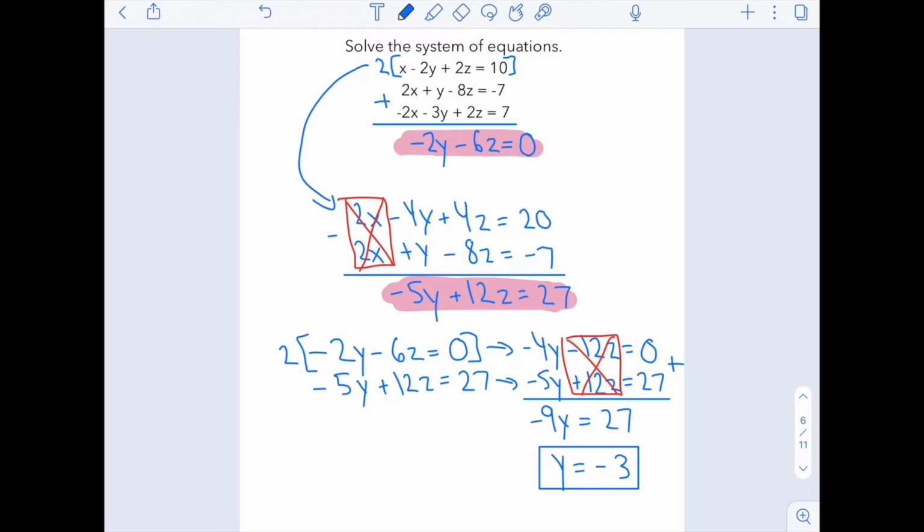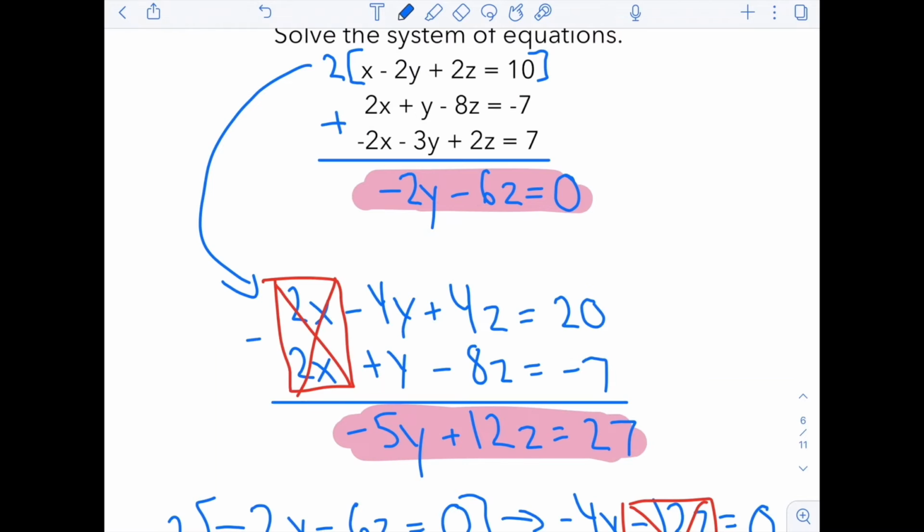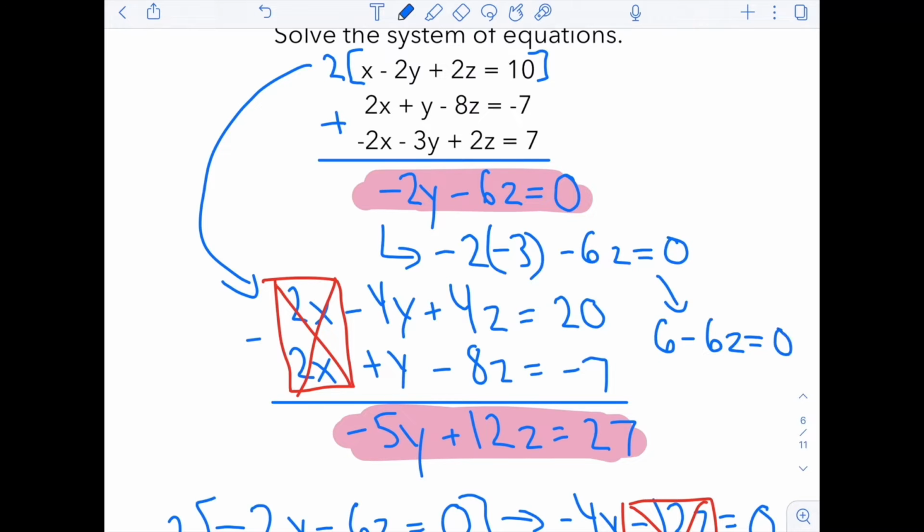So we found the y value, now we need to find the x and the z value. So let's plug it into one of these equations with just y and z in it. It looks like I'll pick this one right here. For y, I'm going to substitute negative 3. So negative 2 times negative 3 minus 6z equals 0. Negative 2 times negative 3 is 6, so this becomes 6 minus 6z equals 0.